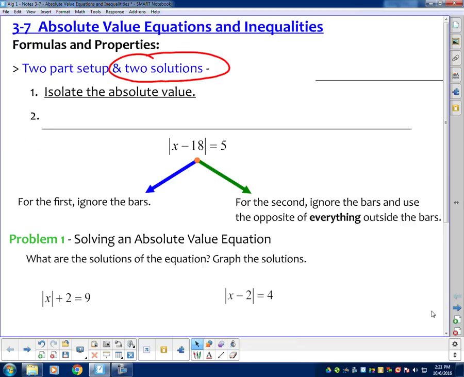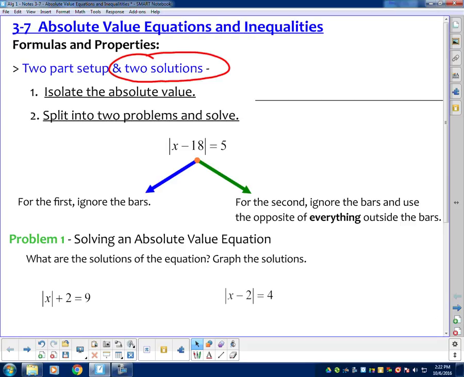So if there's anything attached to our absolute value, we have to get it by itself on this side before we make our setup. You're always making 2 separate problems.